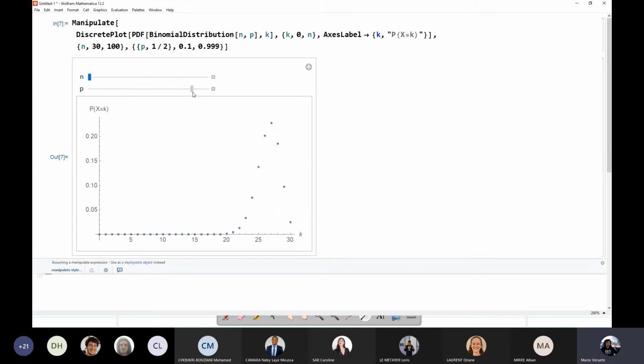If P is higher, I am expecting to win more times, because the probability to get 1 is bigger. If P is low, that means the probability of getting 1 is low. I am expecting this type of behavior, okay?